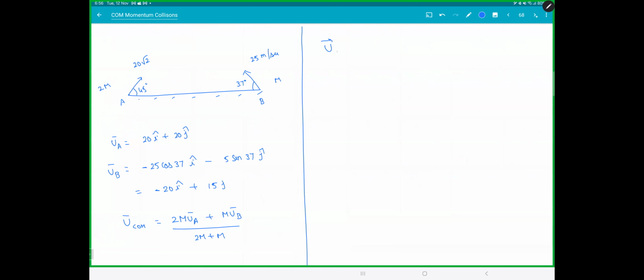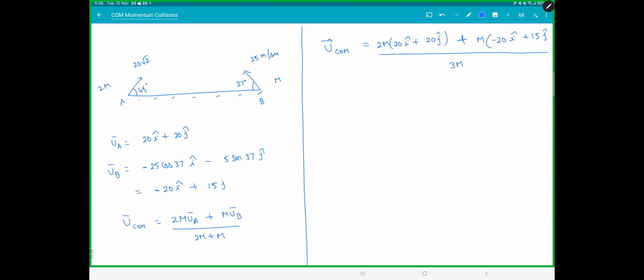So you get the initial velocity of center of mass will be 2 into 20 i, 20 j, plus m into minus 20 i plus 15 j, by 3m.